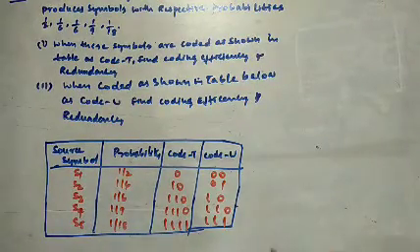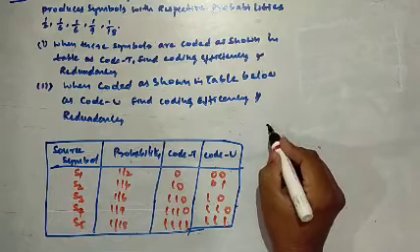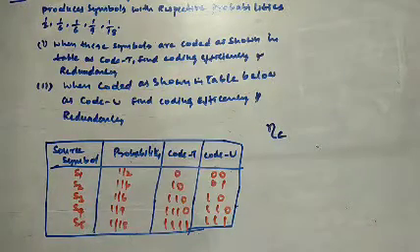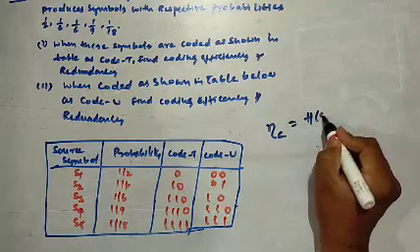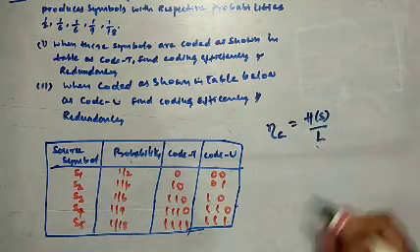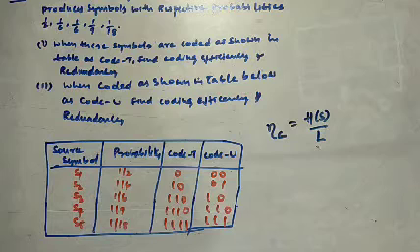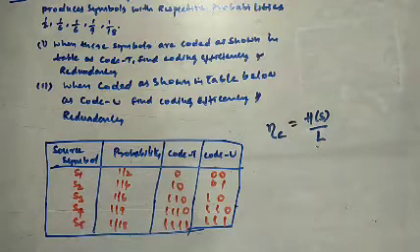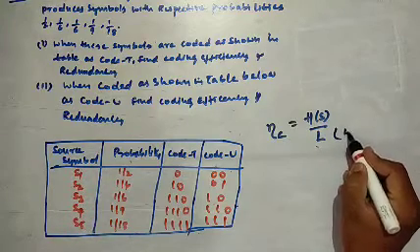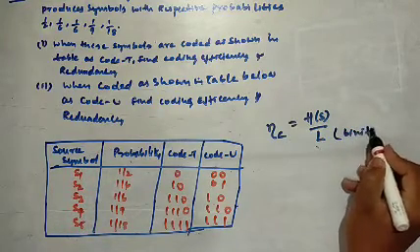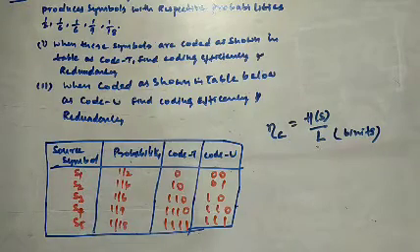First, coding efficiency is denoted by eta C, which is given by H of S, the entropy, divided by the average length of the coding. The unit of L is binits, which means binary digits.